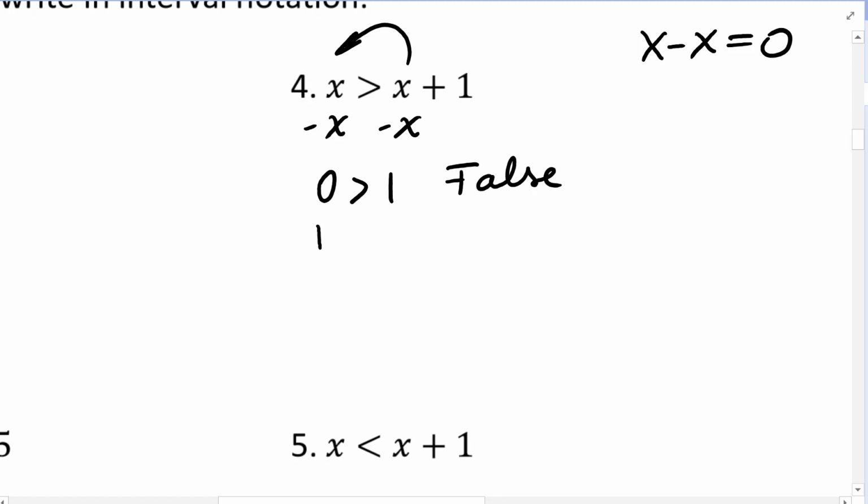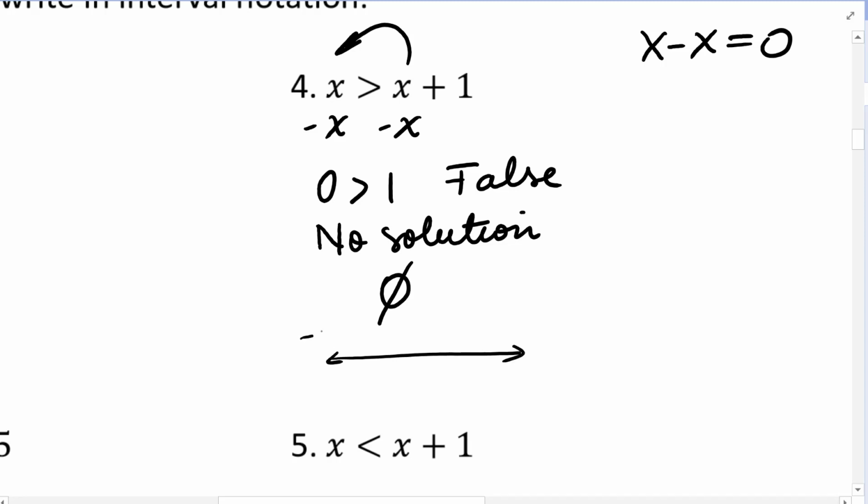It means no solution. There is no real number that replaced instead of x gives something true. So that means empty set, or when we draw the number line, we don't shade anything, so there is no solution.